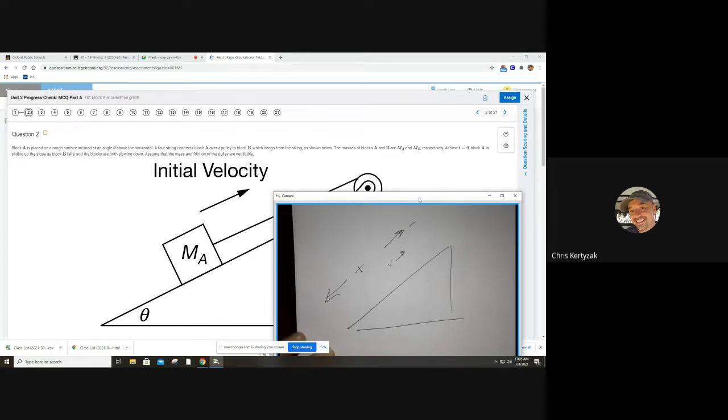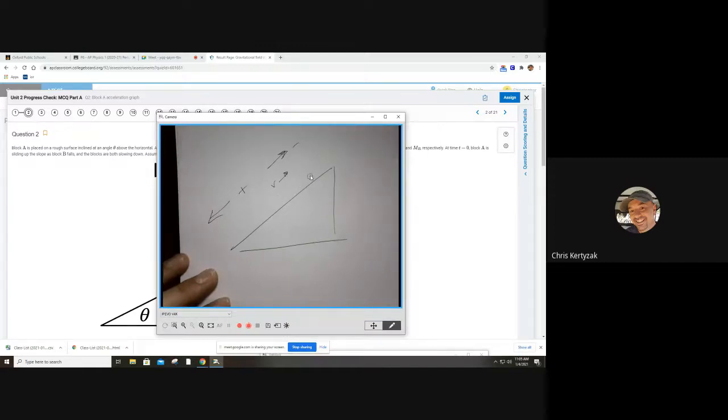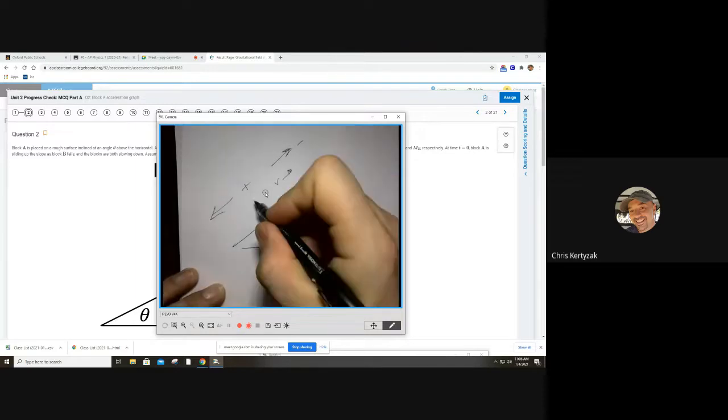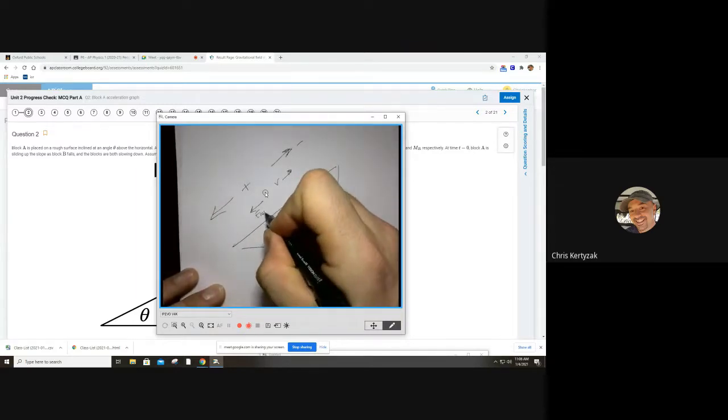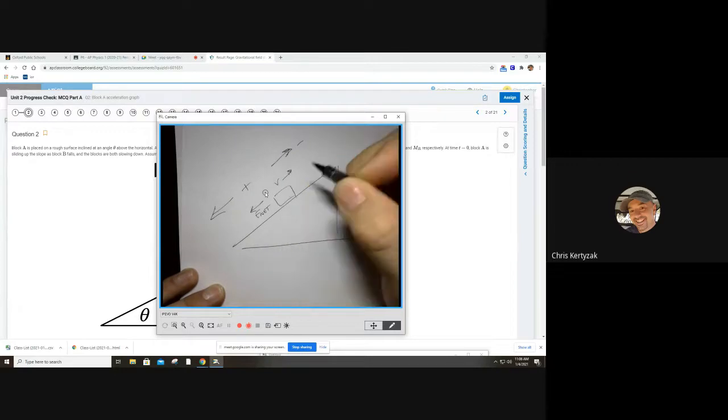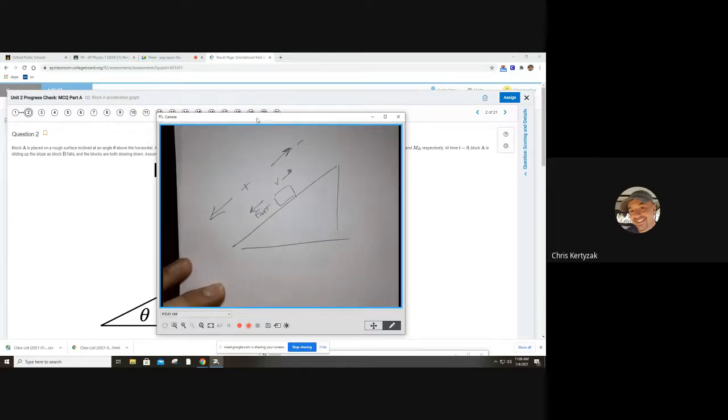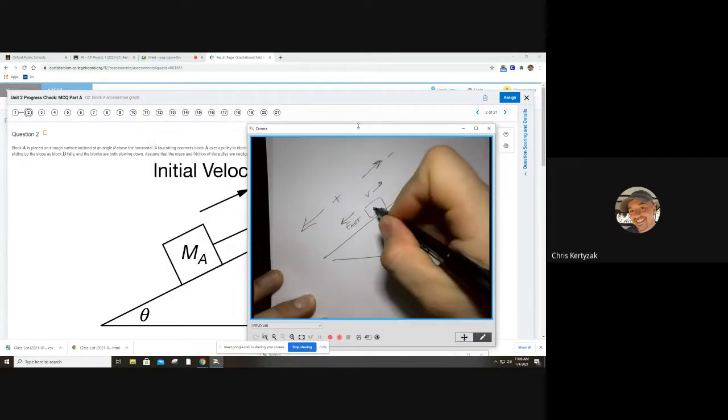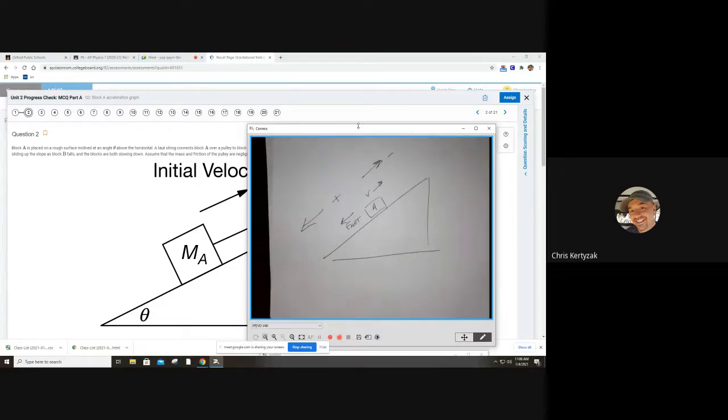So we know if a block is moving up the incline but slowing down, then the net force on that block has to be in the other direction. If the net force was in the same direction as v, then it would accelerate and gain speed. So we know already that the net force must be down on this block, block A, because that would cause it to slow down.